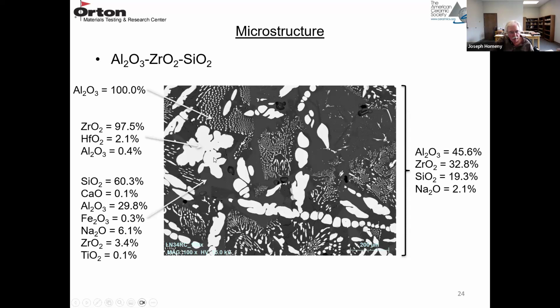So these bright white crystals are zirconia. When you do the EDS chemistry on this one, it's about 98% zirconia, and the balance is hafnia. So all the white crystals, including these small white crystals, are zirconia.